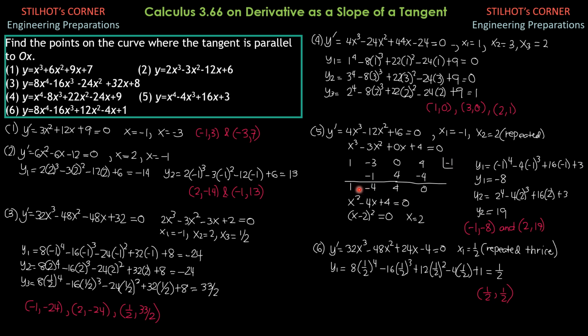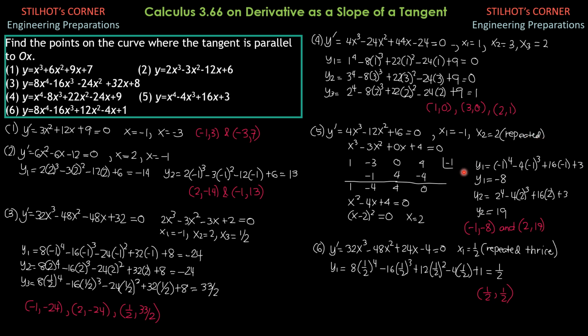The remaining coefficients give x squared minus 4x plus 4 equals 0. It reduces to second degree because originally it is third degree and we already found one root. This is a perfect square trinomial, (x minus 2) squared equals 0. That's why 2 is repeated as mentioned here.